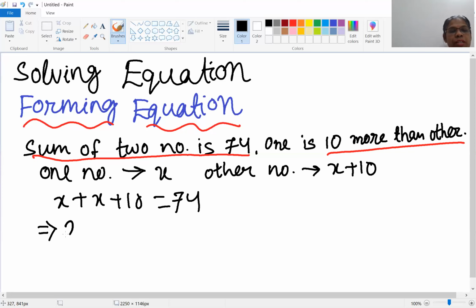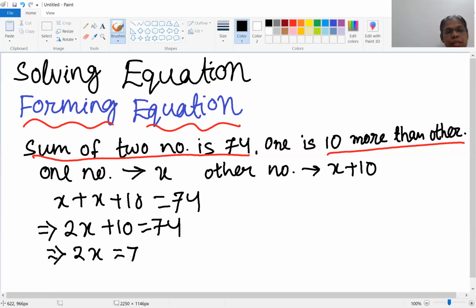Now I can solve it. 2x plus 10 is equal to 74. 2x is equal to 74 minus 10.